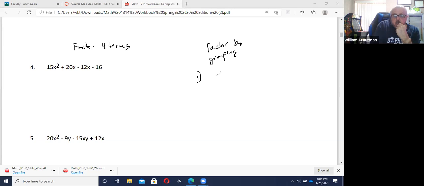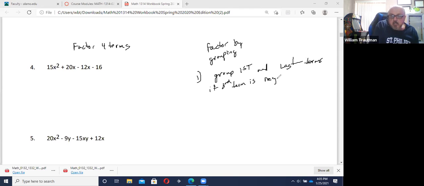Step 1, group the first 2 and last 2 terms. Now, you have to be careful. If the third term is negative, put the negative inside parentheses.